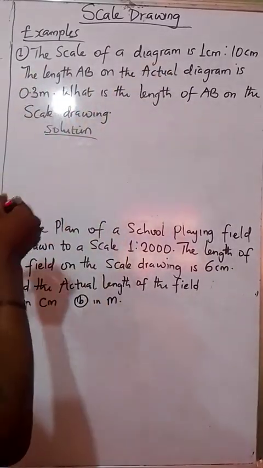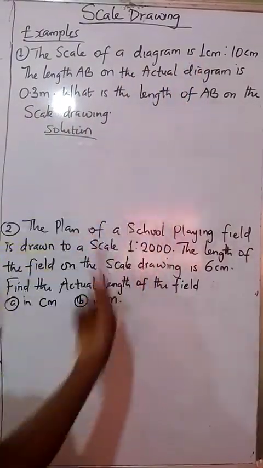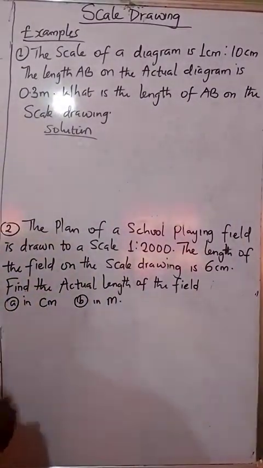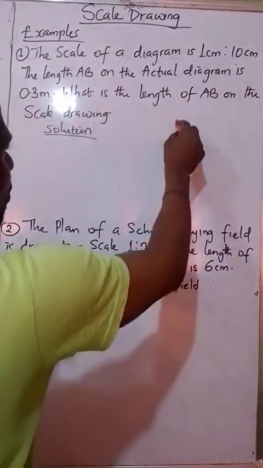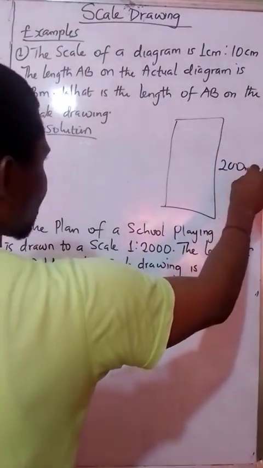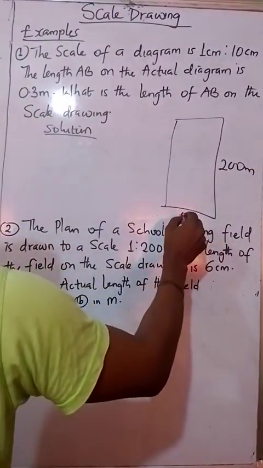The scale of a drawing usually has its ratio. So for the building I just did for you, this has 200 meters and this has 50 meters.